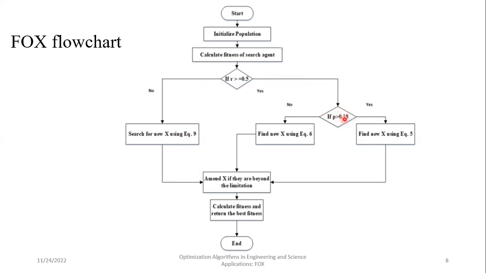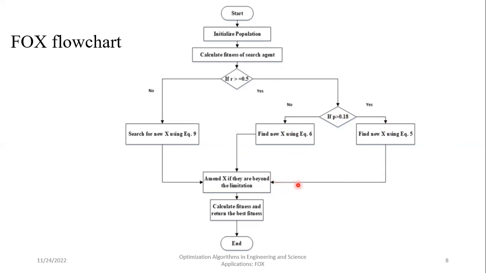Once we are in exploitation, if P, another random variable, is greater than 0.80, we go for the northeast jump, where the fox jumps northeast. Otherwise, the fox jumps to the opposite side.